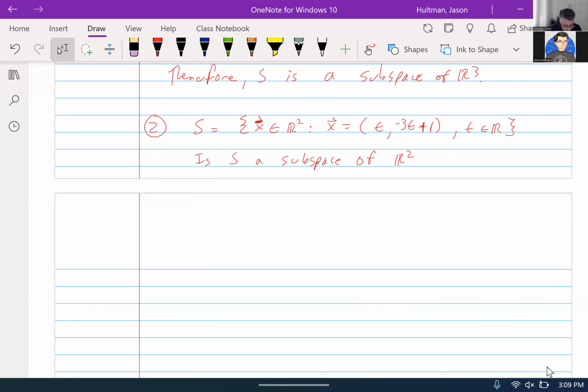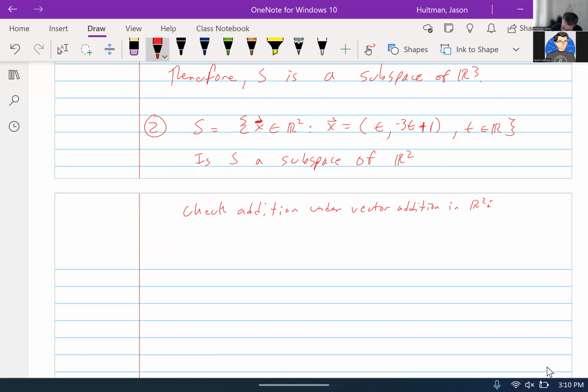So let's check addition. The addition operation under R2 is just regular vector addition. Let's do that.